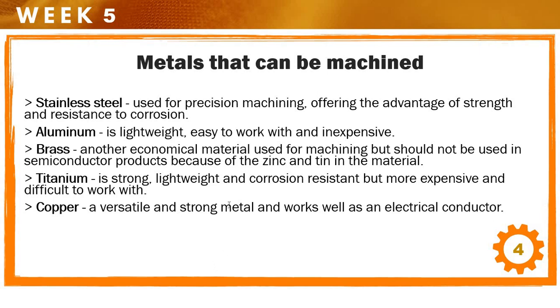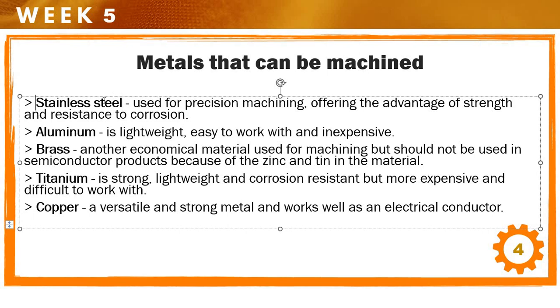Next, here are the metals that can be machined. First is stainless steel. You notice that stainless steel is the number one material in the forming process, and it is also the number one material here in the machining process. It is used for precision machining, offering the advantage of strength and resistance to corrosion.